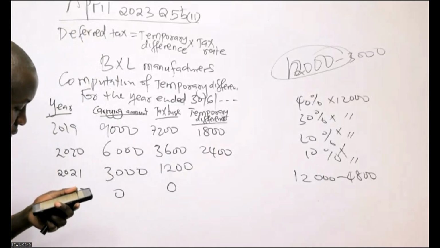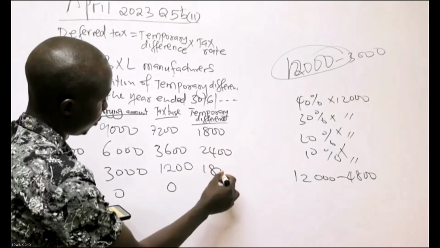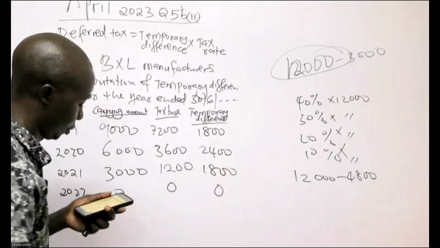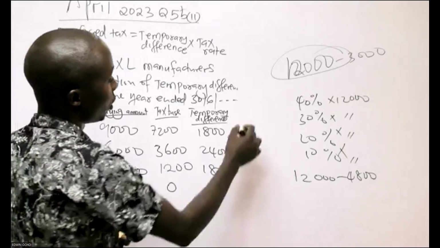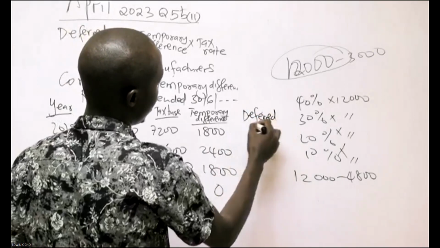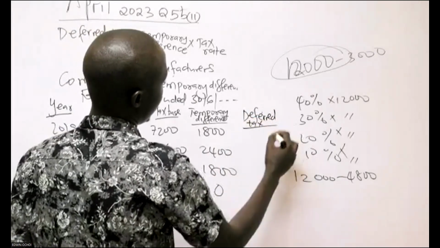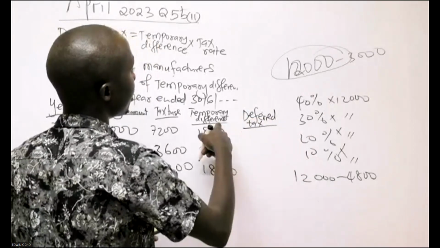Then 1,800, then 1,800, then 0. So you have to create one column here for deferred tax because they need an account. How do you determine deferred tax? It's temporary difference times tax rate.